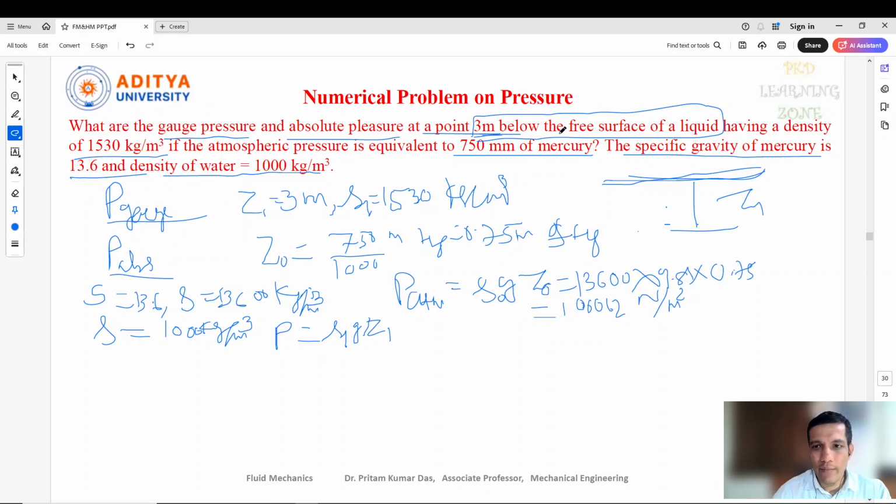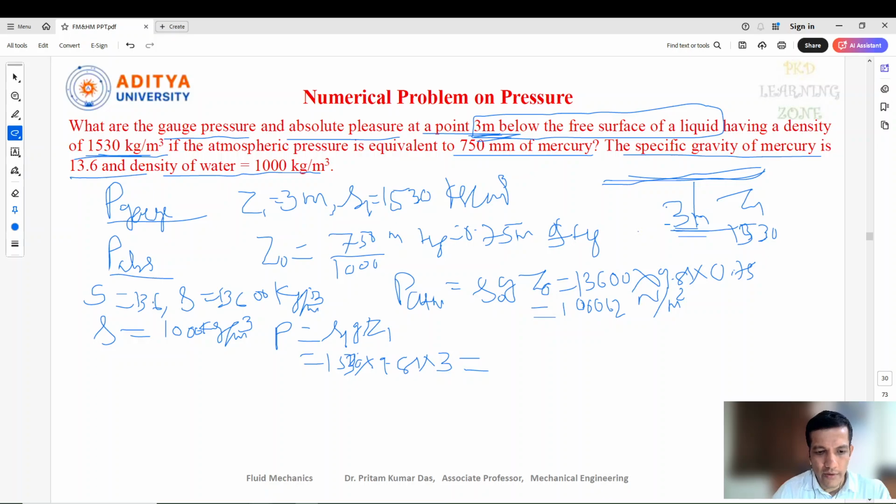Z1 is given, 3 meter, and the density value at this point is 1530. So you can write 1530 as the density, g equal to 9.81, and Z1 equal to 3.